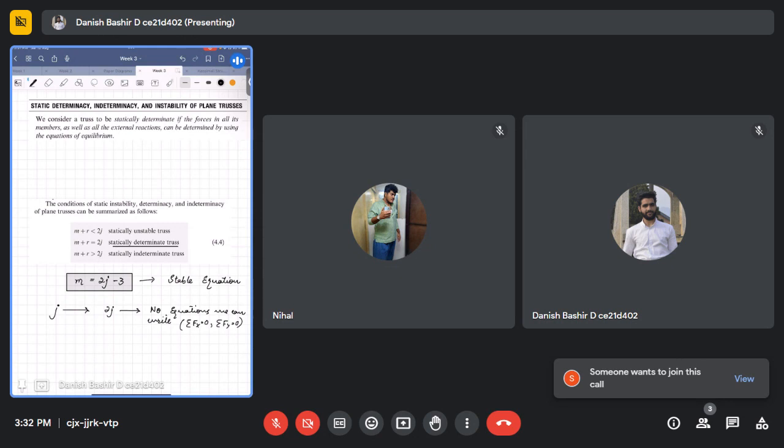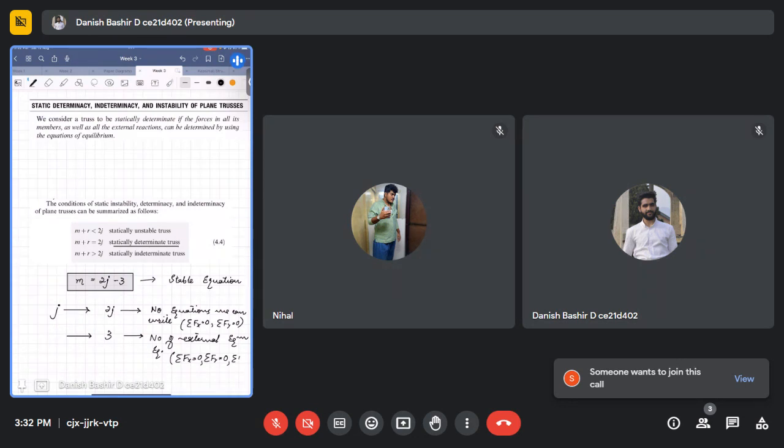So this is for the internal structure. For the external structure, we can write three equilibrium equations: summation Fx equals 0, summation Fy equals 0, and summation Mz equals 0. Bear in mind that I'm only talking about plane trusses, not space trusses.